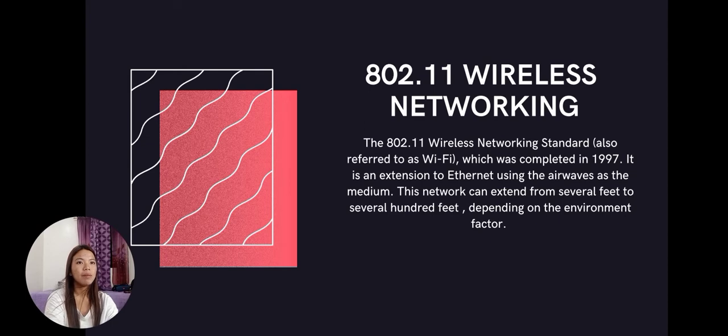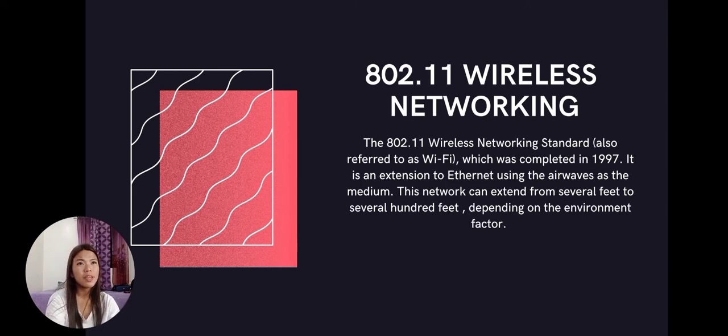It has been in continual development up until now. It is an extension to Ethernet using the airwaves as the medium. This network can extend from several feet to several hundred feet depending on the environmental factors.